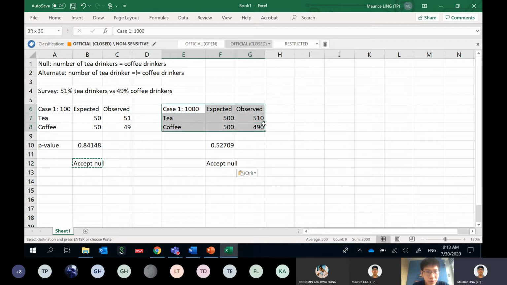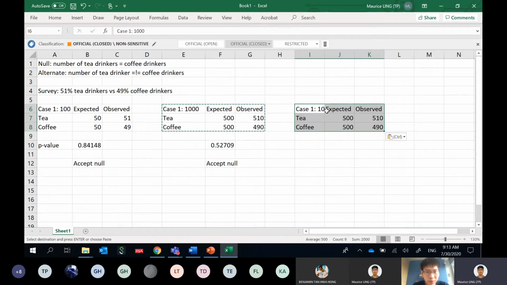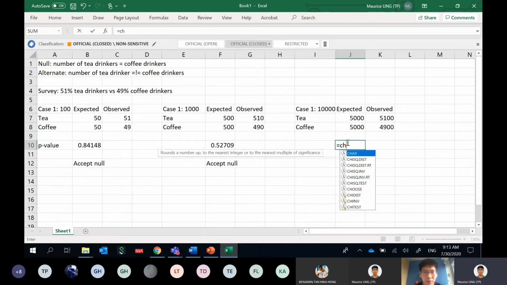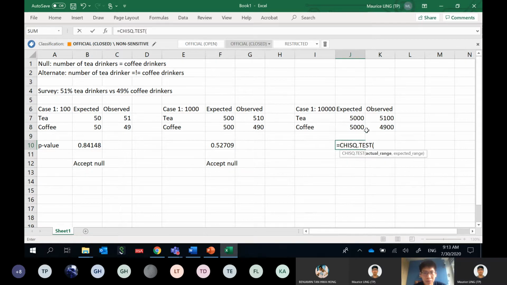How about we do a case where you are even more energetic and you survey 10,000 people. So here will be 5,000, 5,000. And what will be this number here? 5,100, right? So here 4,900. And we do the chi-square test for this. Actual range, 5,100. Now, do you accept or reject the null hypothesis?